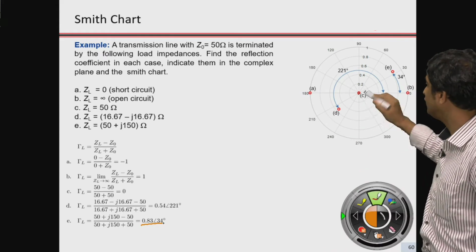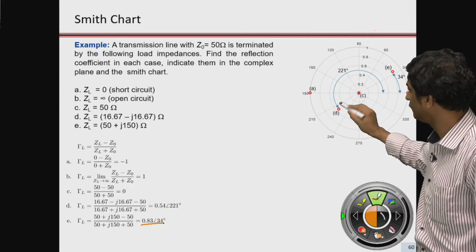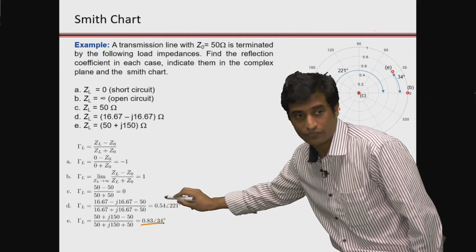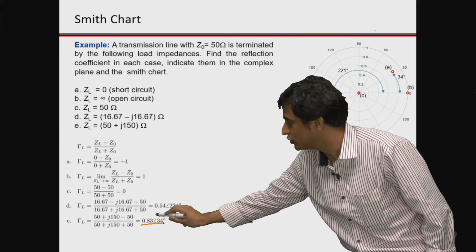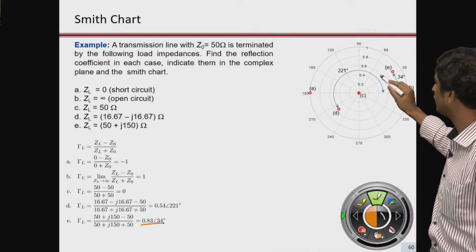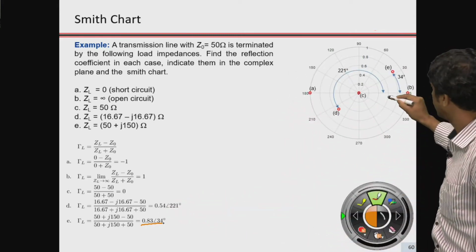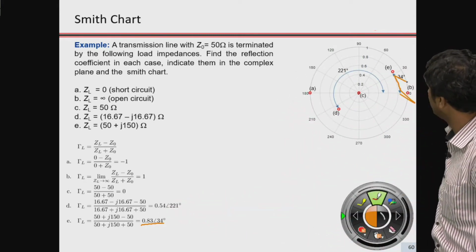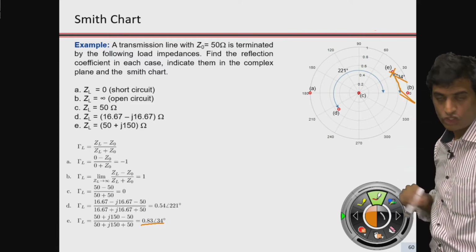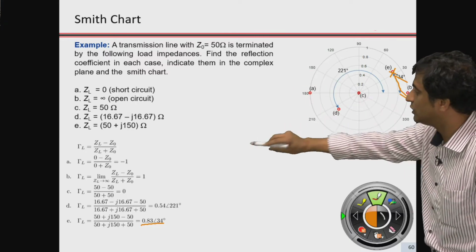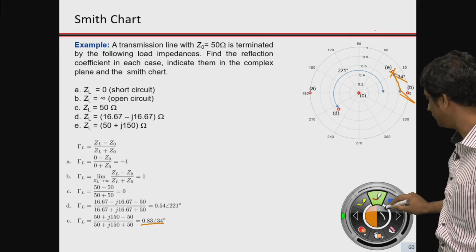The radius is 0.83, slightly larger than the capacitive load. The capacitive load had a radius of 0.54, whereas the inductive load has a radius of 0.83, which is more than that of the capacitive load. And its phase is 34 degrees. So from the x-axis again, you move by 34 degrees to identify that particular point. So this is how the five given impedances look in the complex reflection coefficient plane.